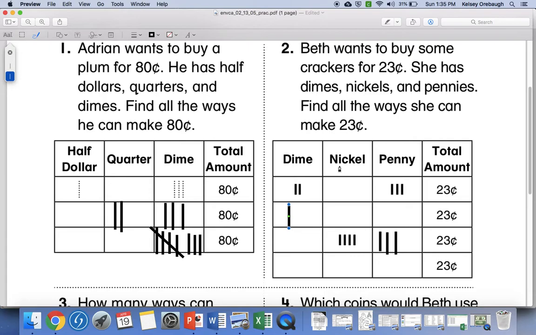Well, I know the double fact, 5 plus 5 equals 10, so I can use 2 nickels to make the same amount as 1 dime. 10 plus 10 equals 20, and now I can use some pennies to finish it off. I have 20 cents so far. I can add 1, 2, 3 more pennies to make 23 cents.